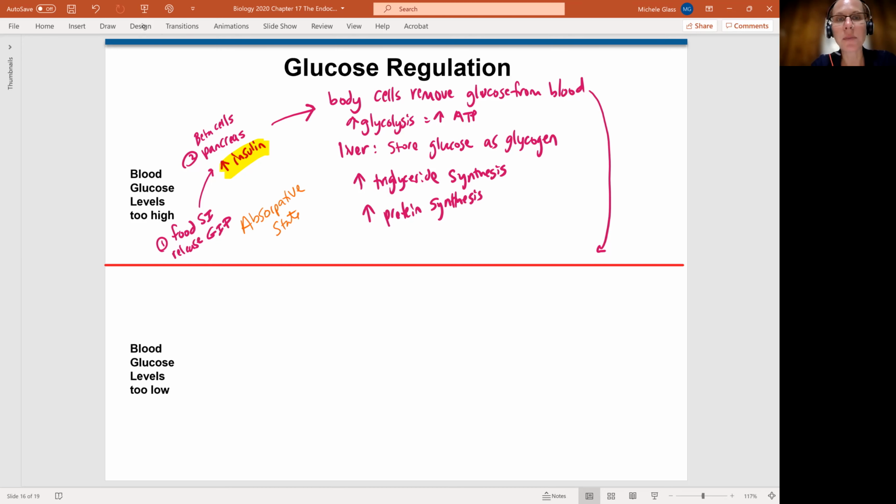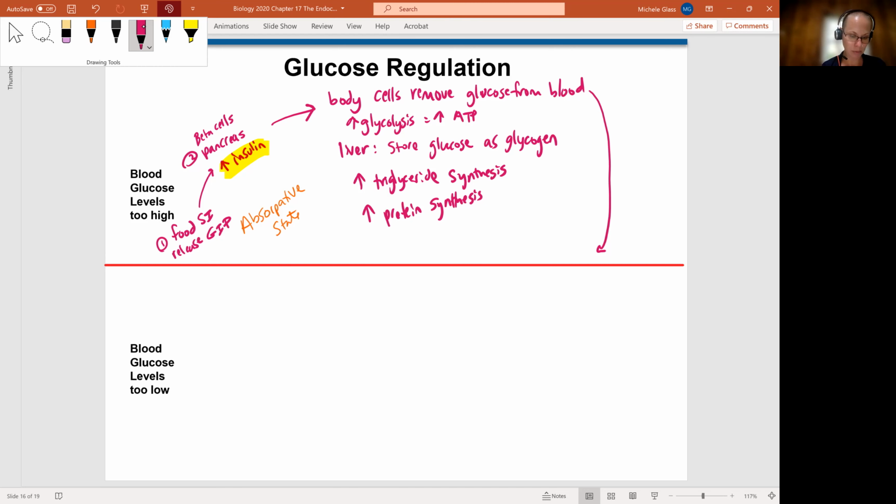Now, the person who's type 1 is not making the insulin, so they're not going to have any way of getting that glucose into their cells without taking insulin. And the person who's type 2 is still making the insulin, but the body cells are not responding. Now, if our blood glucose levels are low, this could just be the scenario of I'm not eating anything. I've been asleep.